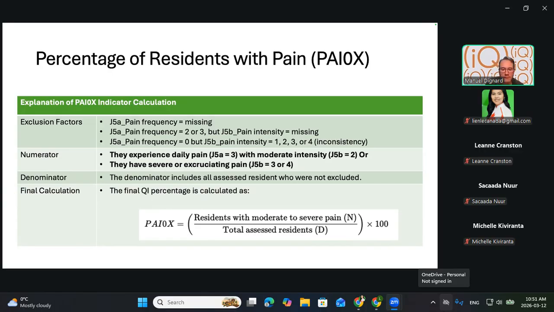We're going to try and flag gaps in assessment or follow-ups, and make sure we evaluate whether residents are receiving adequate interventions, whether it's medication reviews, therapy, or changes in their care plan. So ultimately, this indicator reflects how well we are supporting comfort and dignity, and these are cornerstones of resident-centered care.